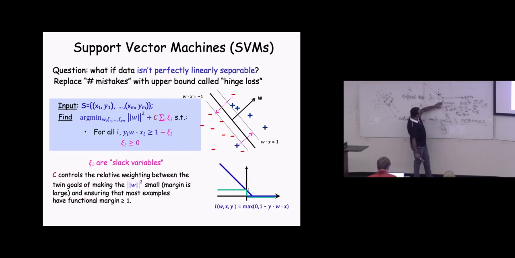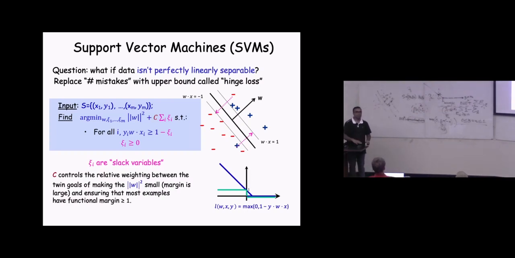If it is greater than 1, no loss. If it is less than 1, it will have a linear loss. Instead of using the 0-1 loss function like this.